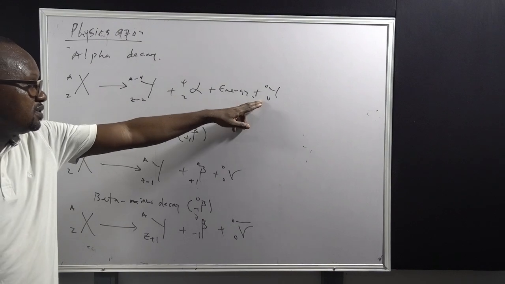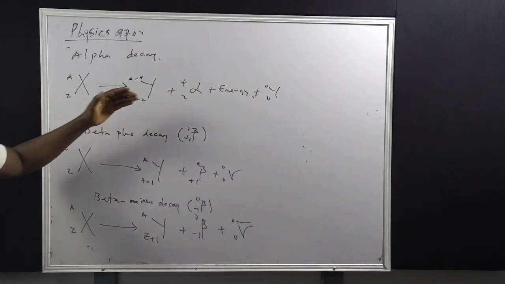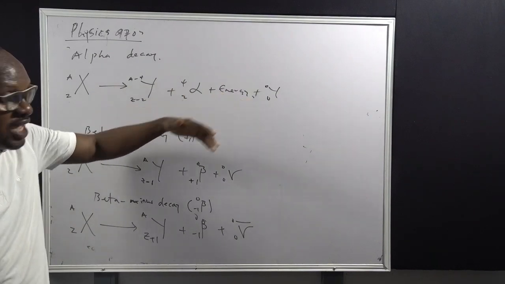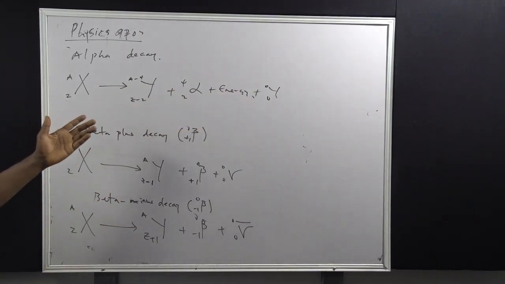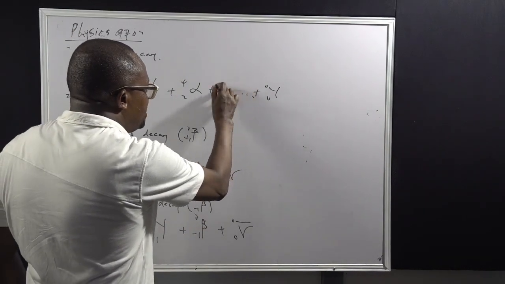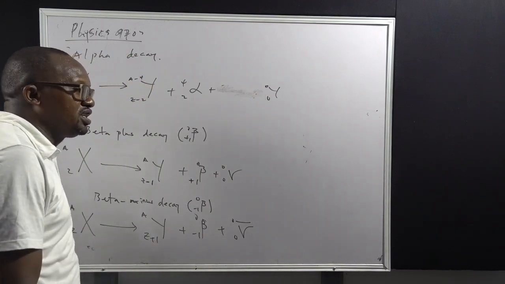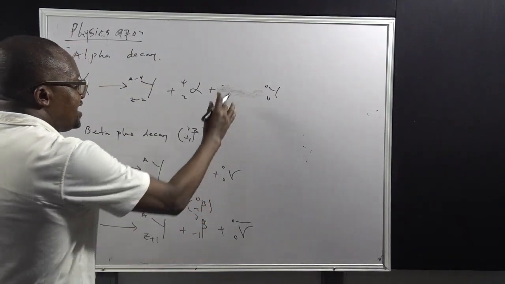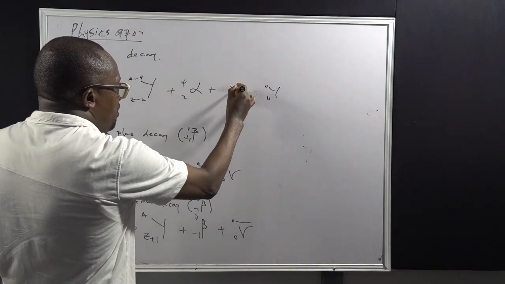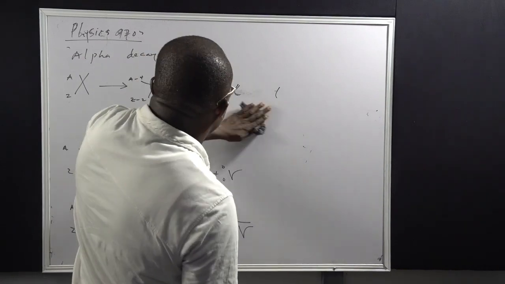What does that tell you? Gamma particles are often produced during the alpha decay or beta decay. If I don't put this energy here and I put plus gamma, does it mean energy is not produced there? The energy that is released there is now in the form of gamma photons. Take note of that.